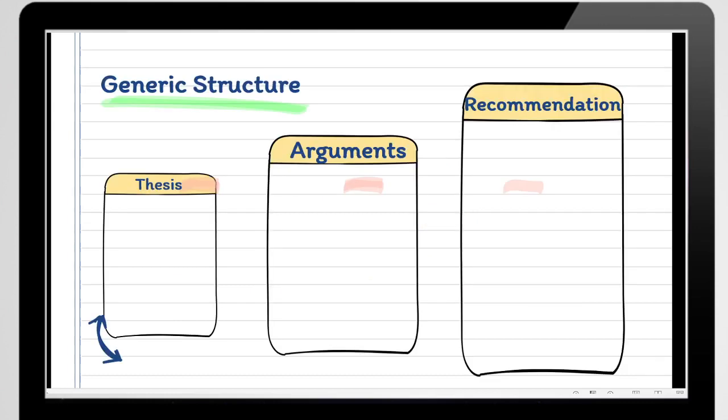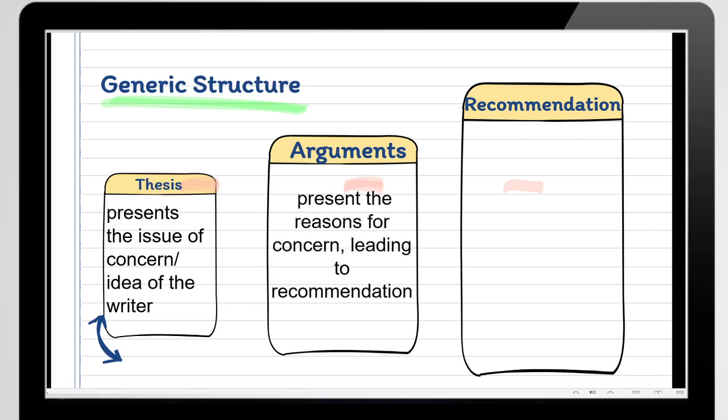The first is thesis. Thesis is where the writer presents the issue of concern or the idea of the writer. So here the writer writes his or her idea, his or her opinion. And then after writing this, the writer needs to support with strong arguments.